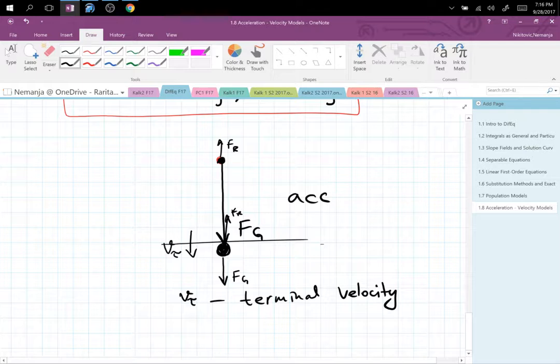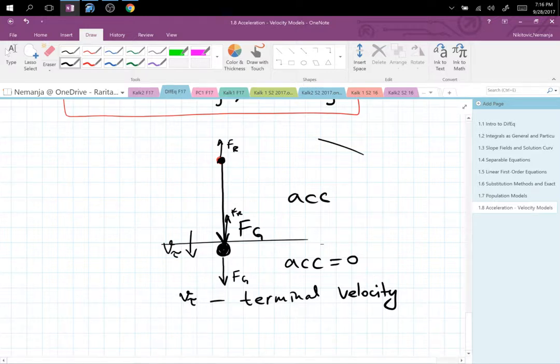Now, the terminal velocity happens when the force of gravity pulling down and the air resistance opposing it are equal. At that point, the object will no longer accelerate. So below this line, acceleration equals 0. We still have velocity. The object is moving, and we say it's moving at terminal velocity.